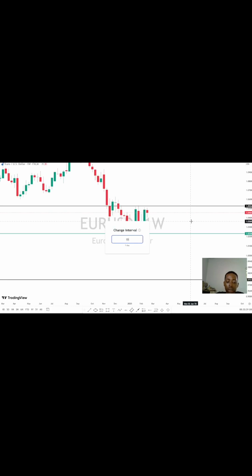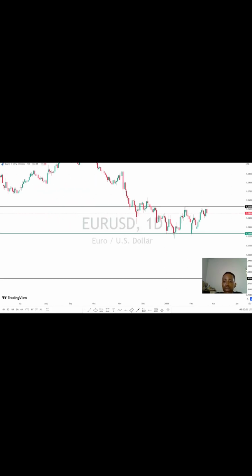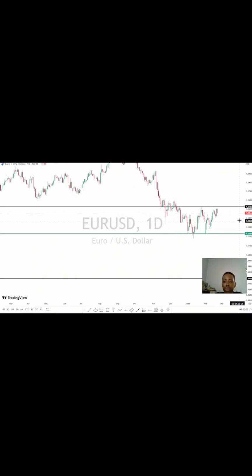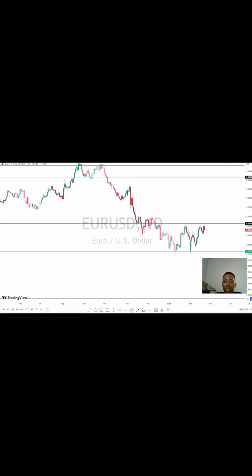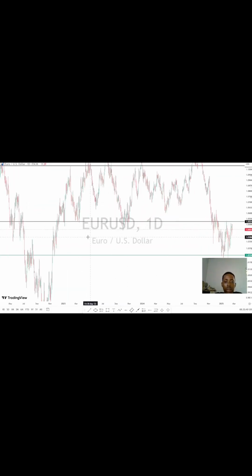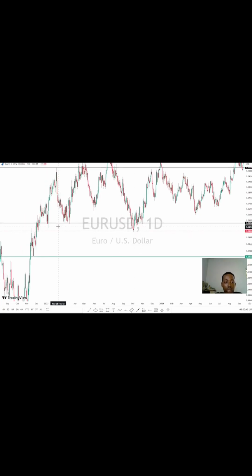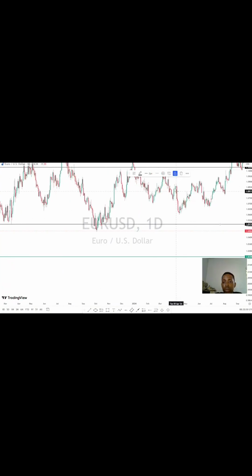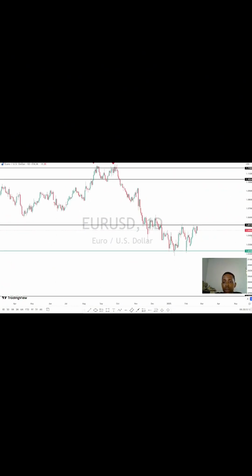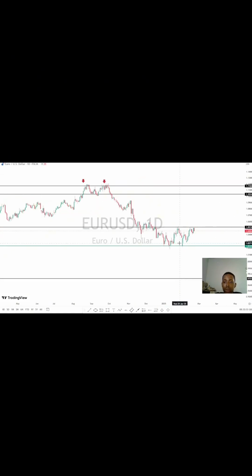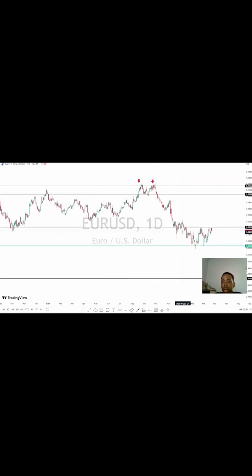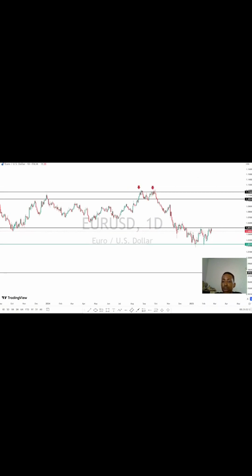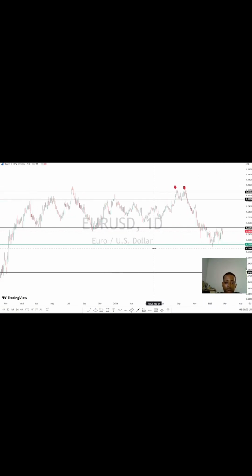So let me go down on the daily and see what the market is telling me at this level. So I have to readjust my black bar for it to touch the closing. And you guys can see Euro USD is kind of on a range, but the weekly is still pointing to the upside.